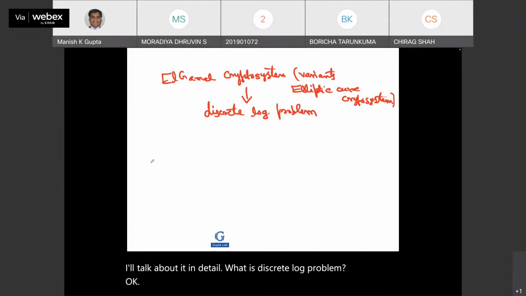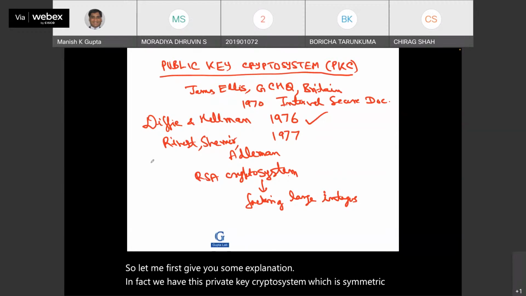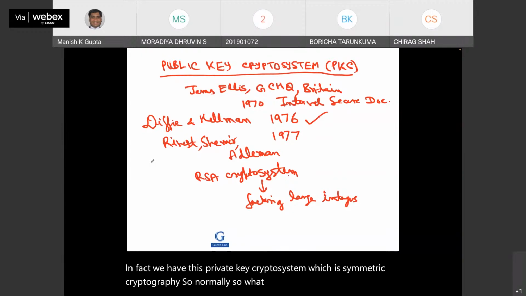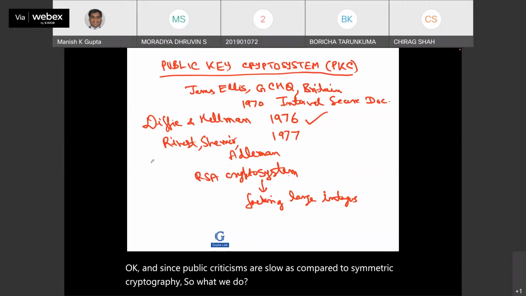Let me first give you some explanation. We have the private key crypto system, which is symmetric key cryptography. Normally, we encrypt messages using a private key. Since public key crypto systems are slow compared to symmetric key cryptography, we use a hybrid approach.